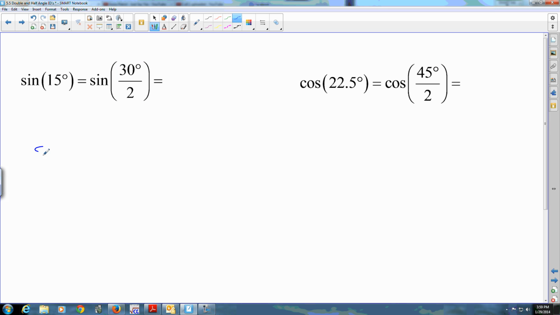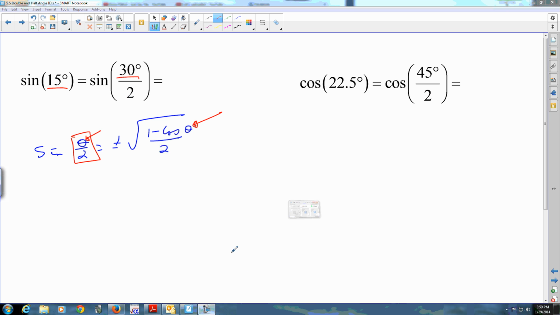The pattern goes sine of theta over 2 is equal to plus or minus square root of 1 minus cosine of theta, all over 2. Now, the thing that you need to realize is this theta here is the same as that theta there. Notice these are two different numbers, you guys. This is 15, this is 30. The number that you're going to use in this pattern is not 15, it's 30, because it's theta over 2 that I'm using.